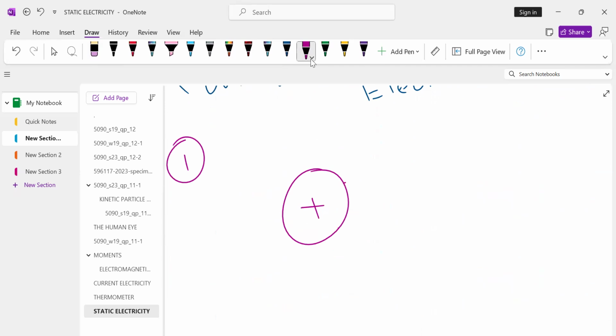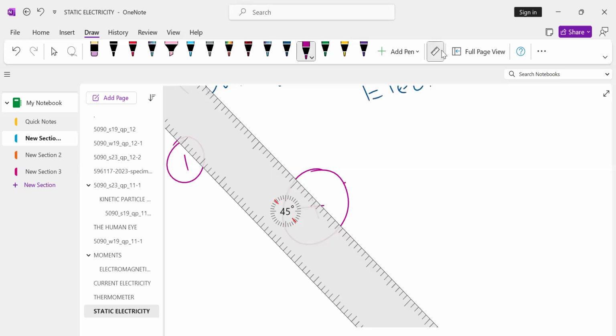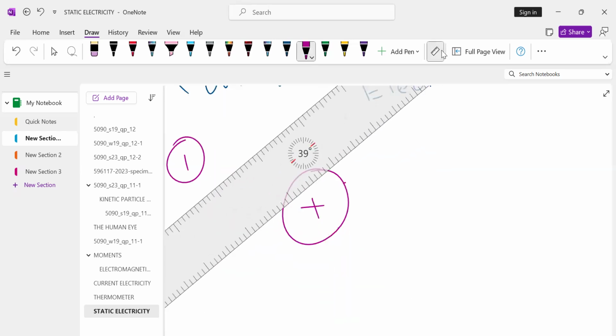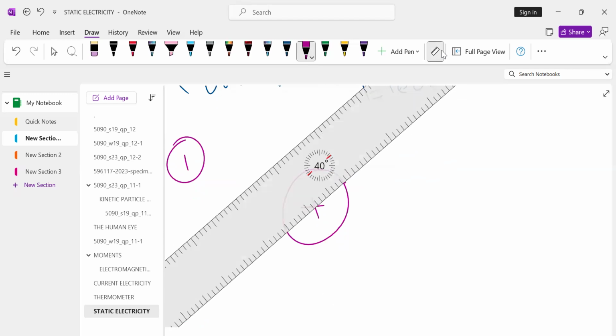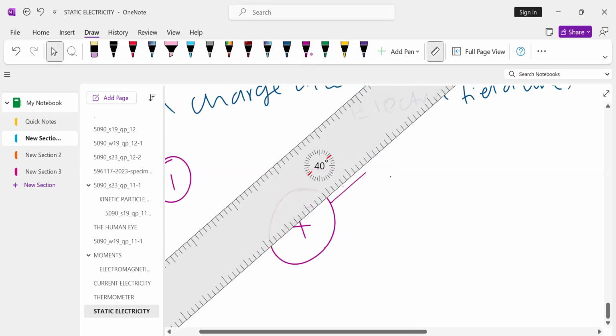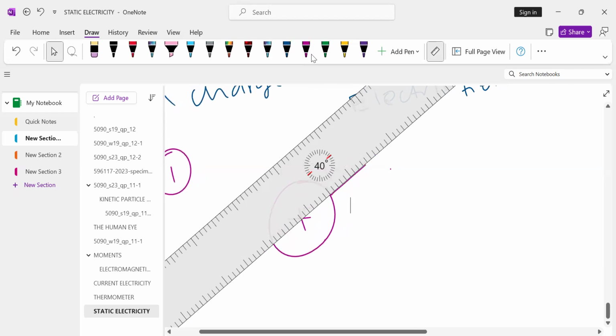For example, you can use a scale and a pencil. You can keep the scale here, like this, and then draw the lines. This, this. So the lines should be in the same line on the opposite side.